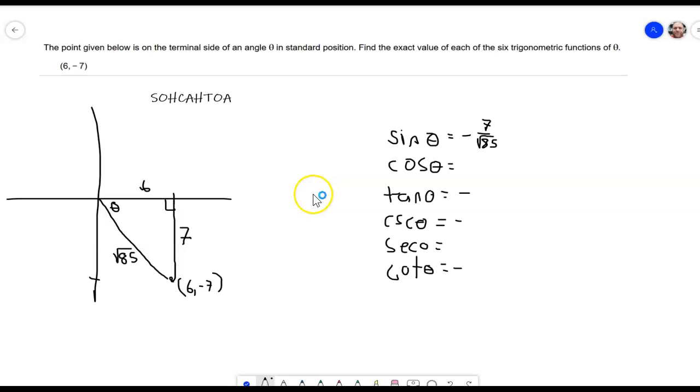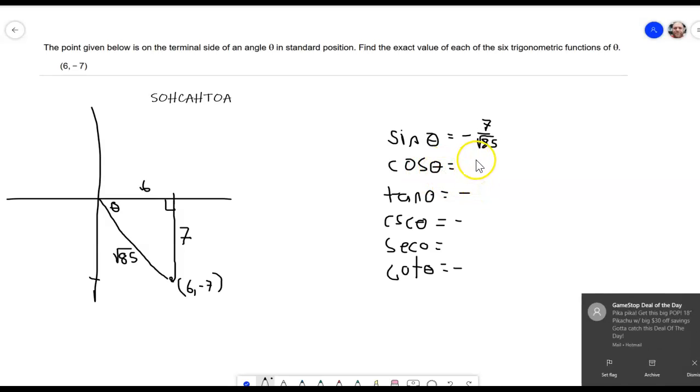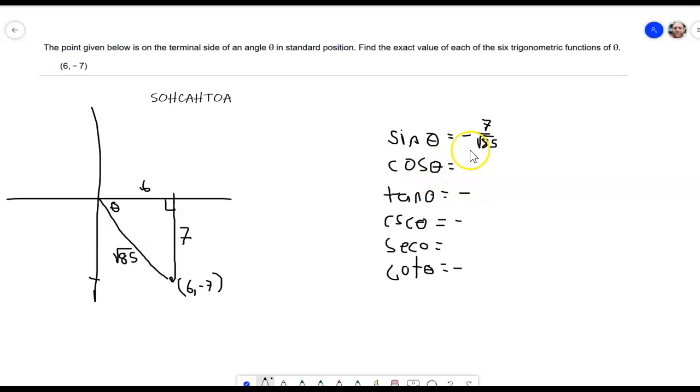All right, and the second one here, cosine. That's adjacent over hypotenuse. So that'd be 6 over root 85. That'll be positive. All right, tangent is opposite over adjacent, so negative 7 over 6.